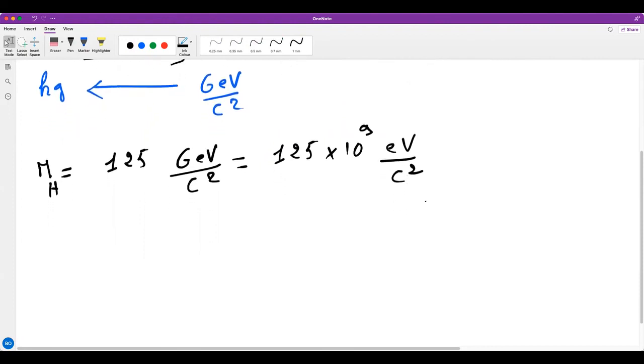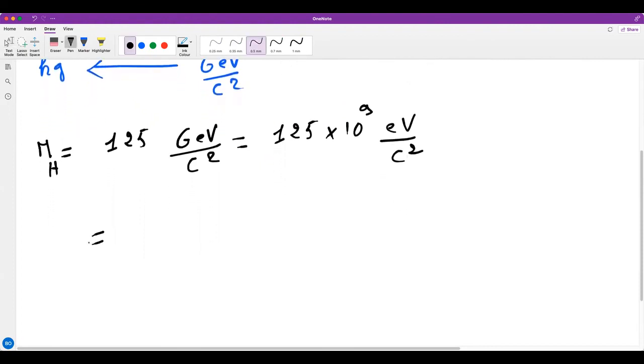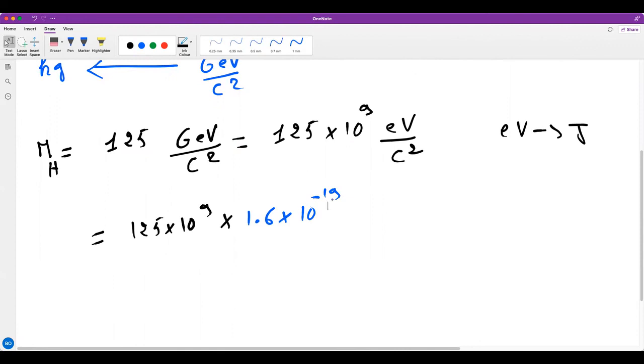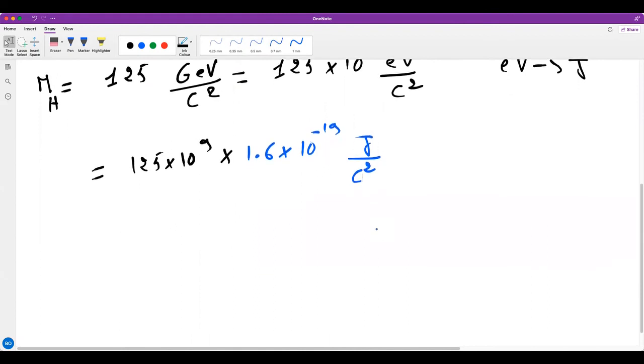Now the next step is to convert electron volt to joule. So it's 125 times 10 to the 9 times the conversion factor from electron volt to joule, which is 10 to the negative 19 joule per c squared.